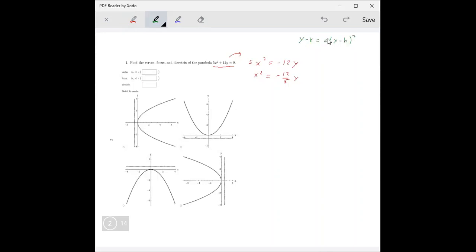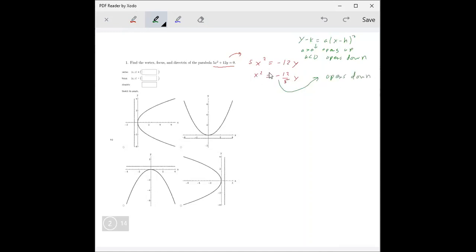And this is going to open up if a is greater than 0, and it'll open down if a is less than 0. Okay, so a greater than 0 opens up and a less than 0 opens down. Now we could take this one right here, and we could put it in this form, and then since there's a negative there, we know that it opens down.